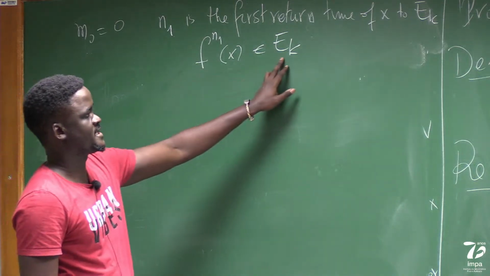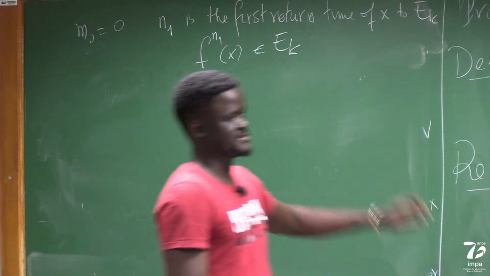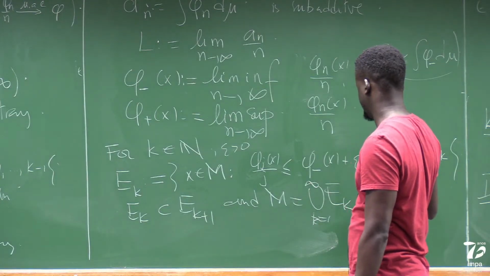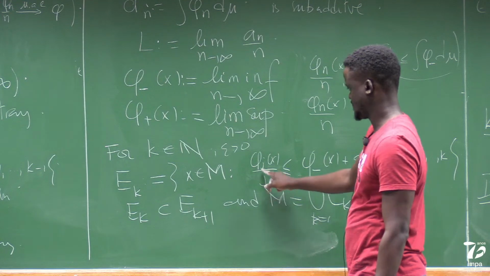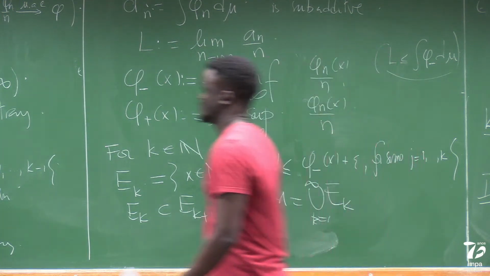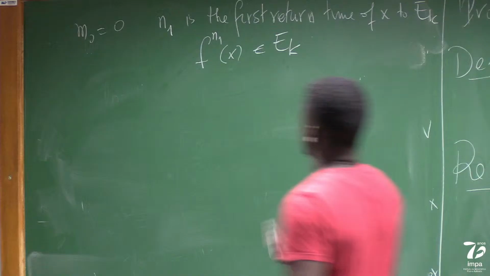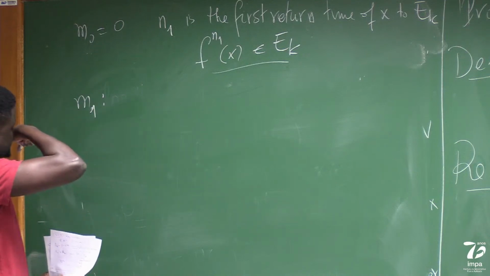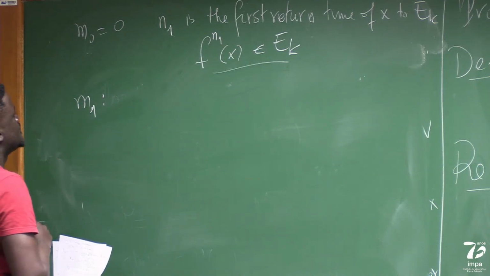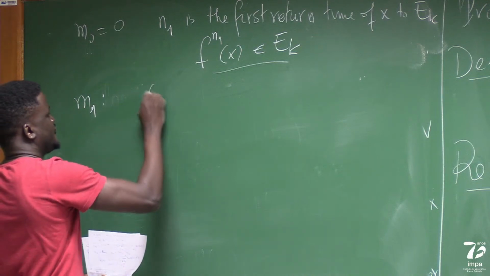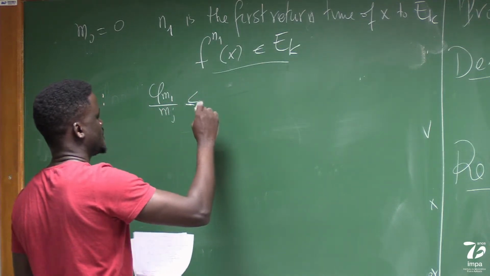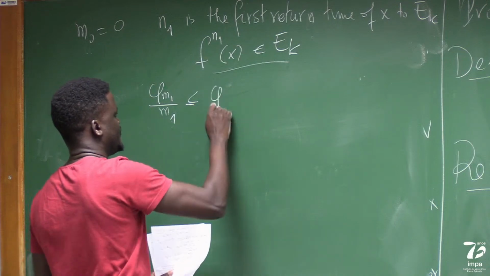And the fact that you are in E_K defines M1, because being in E_K means that there exists a j for which this is true. So from this you get M1, which says that phi M1 over M1 is less or equal to phi minus plus epsilon.